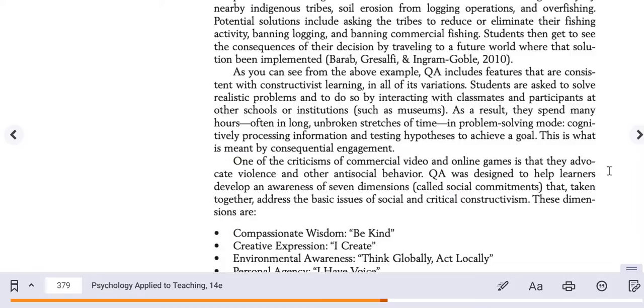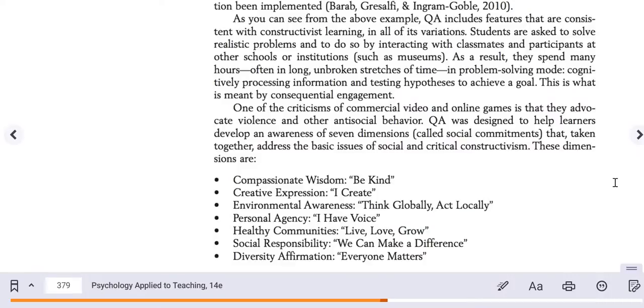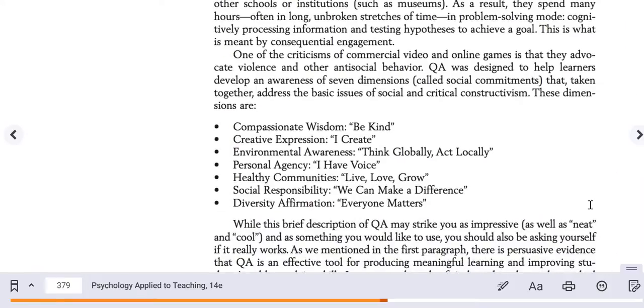These dimensions are compassionate wisdom, be kind; creative expression, I create; environmental awareness, think globally, act locally; personal agency, I have voice; healthy communities, live, love, grow; social responsibility, we can make a difference; diversity affirmation, everyone matters.